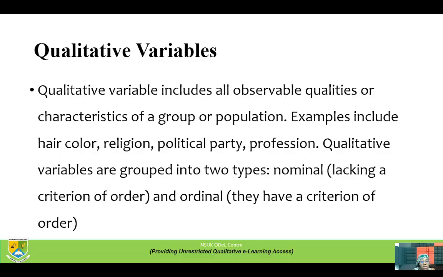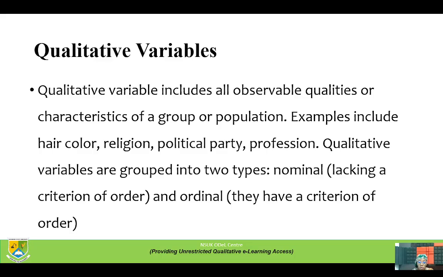Qualitative variables include all observable qualities or characteristics of a group or population. More on the examples, they include hair color, eye color, skin color, religion, political party, profession, and so on.